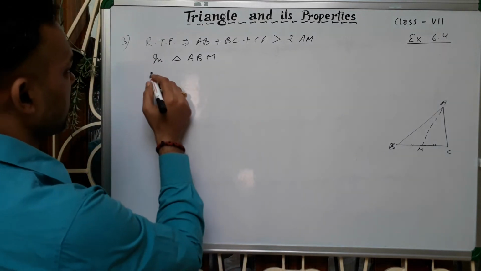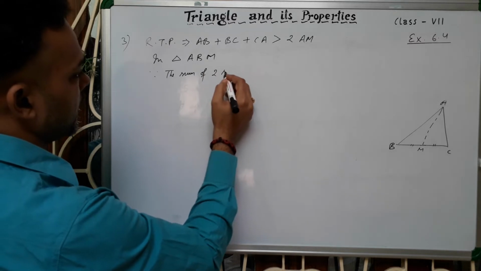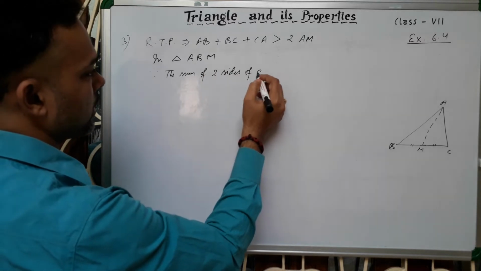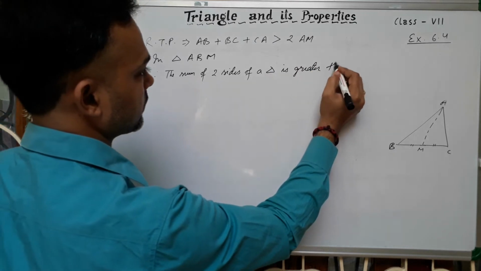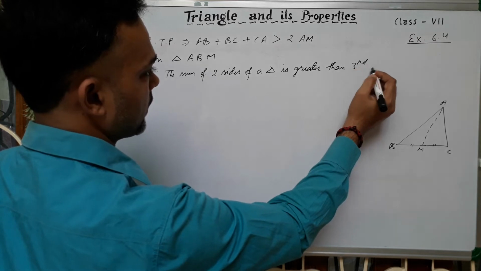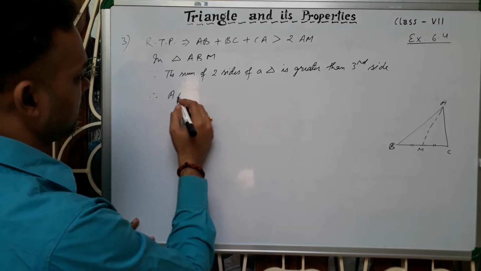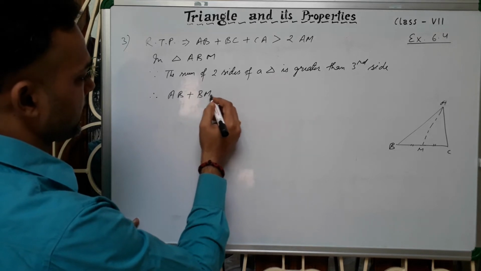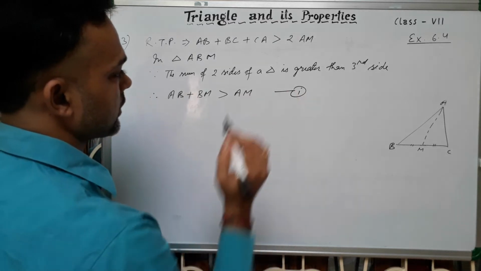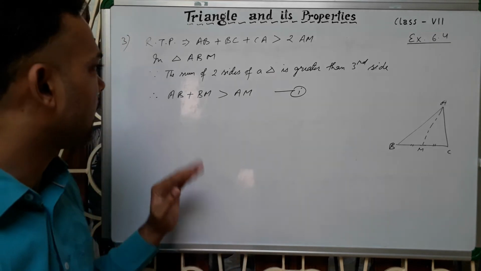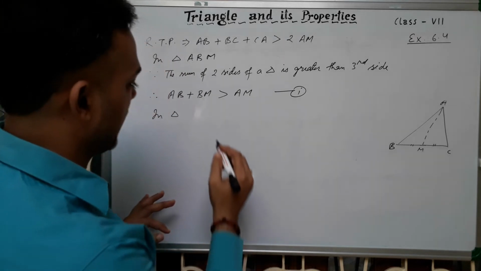So let us write down: since the sum of two sides of a triangle is greater than the third side, therefore AB plus BM will be greater than AM. This is the first thing that we have got. Now the second triangle is AMC.